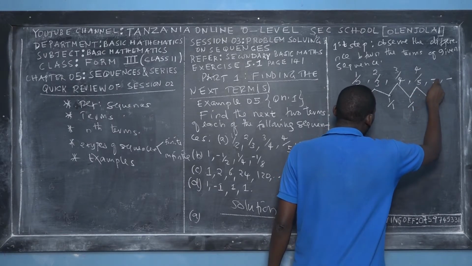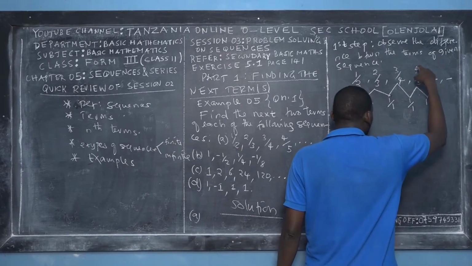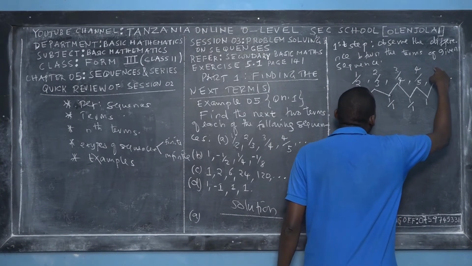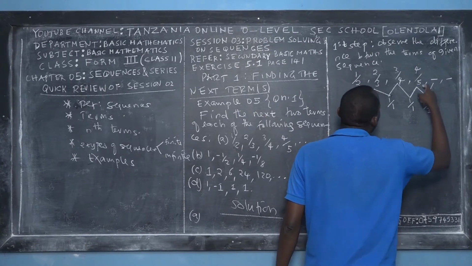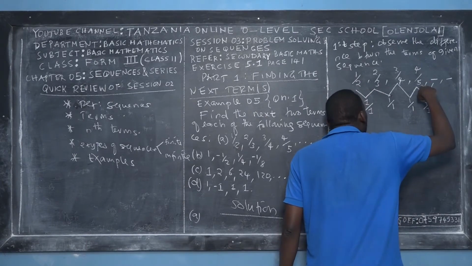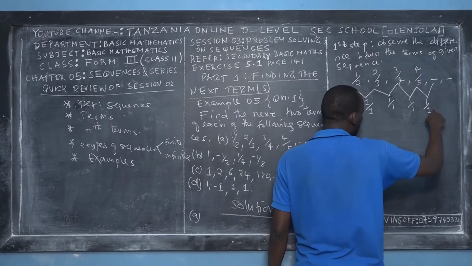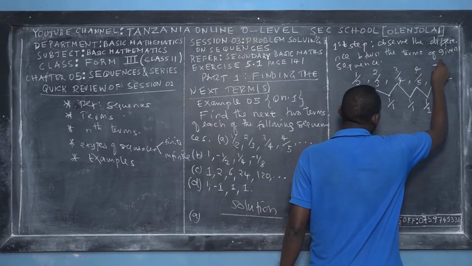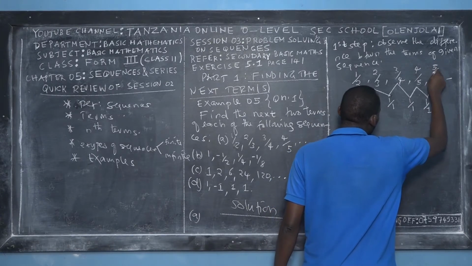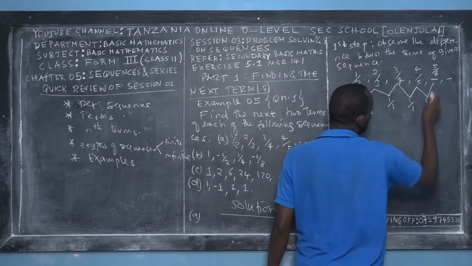Similarly, if I go to the fifth term, the difference between the numerator of the fourth term and the unknown fifth term is 1, and the difference between the denominators is also 1. So we take 1 plus 4, which makes 5, over 5 plus 1, which is equal to 6.